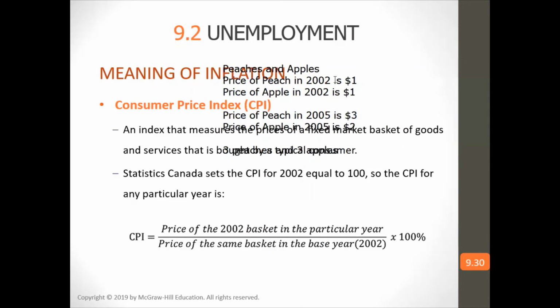So what you have to do in that case is, 2005 goes on top, so we'll do 3 times 3 plus, so 3 peaches for $3, 3 apples for $2. That's 2005 on top, and then 2002 will be on the bottom. So 3 peaches for $1 and 3 apples for $1, and then times 100.